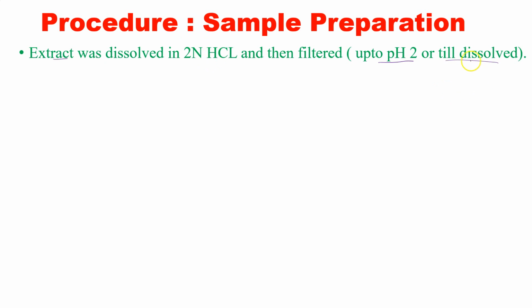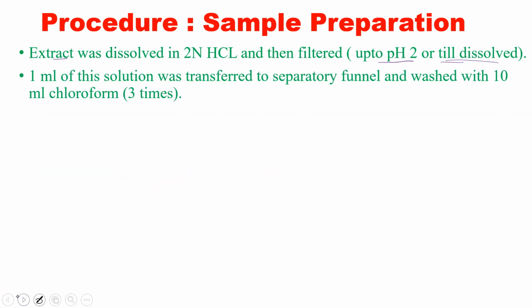So dissolve till the extract completely dissolves, or you can use this point also, that is up to pH 2, but most of the people say till it dissolves. If by adding HCl it is still not dissolving, then you need to filter, and the filtrate we need to utilize. I will explain the reason also.